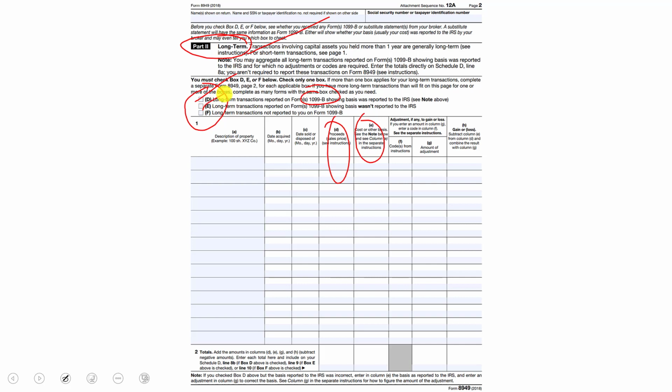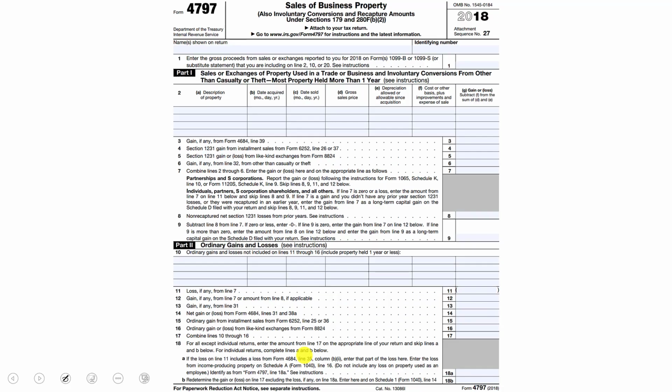E, only sales price reported to IRS and taxpayer. F, no 1099 issued. Okay. And again, the totals of all of these different combinations go back to that Schedule D, just the totals, really these totals down here.